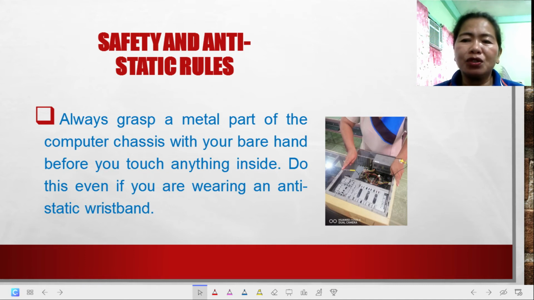Wearing the anti-static wristband is not an assurance that you will not experience static electricity. You can still experience the effects of static electricity even when you are using the anti-static wrist strap. That is why it is advised that we always grasp the metal part of the computer chassis in order to discharge our static electricity.